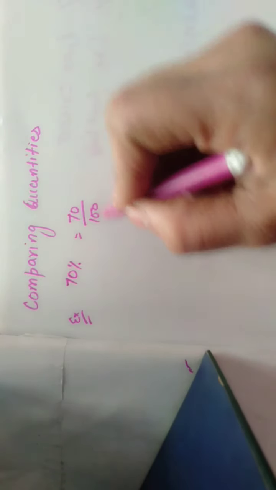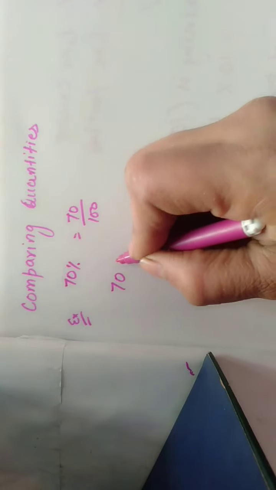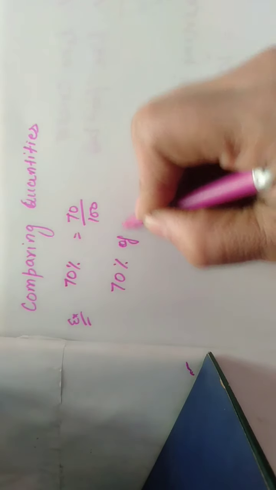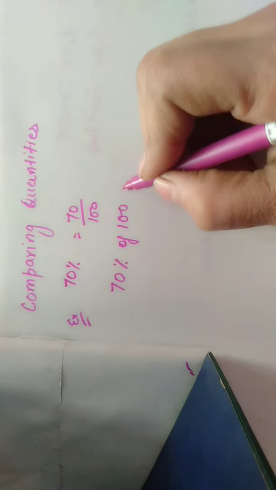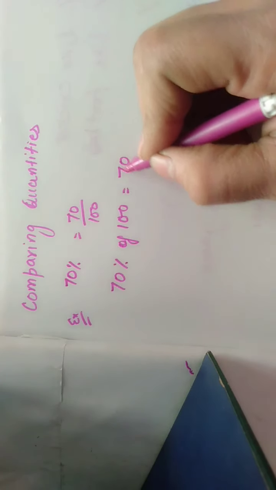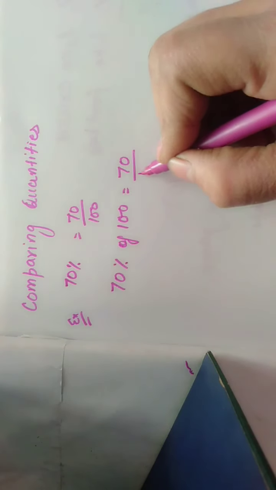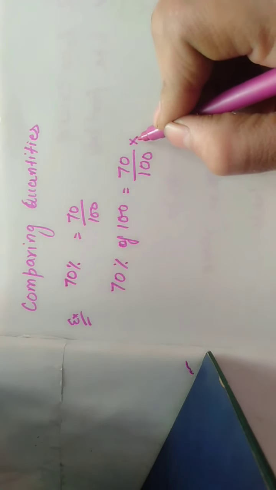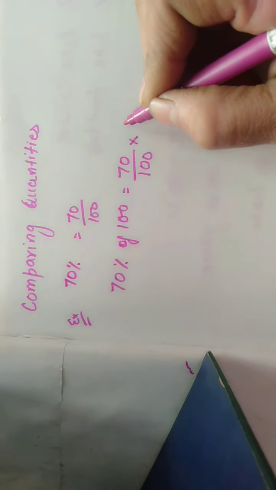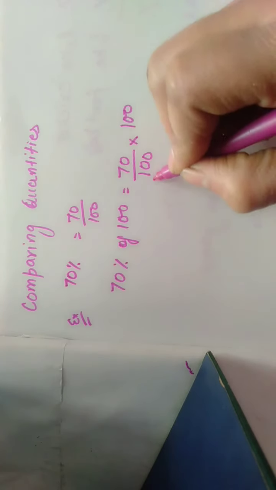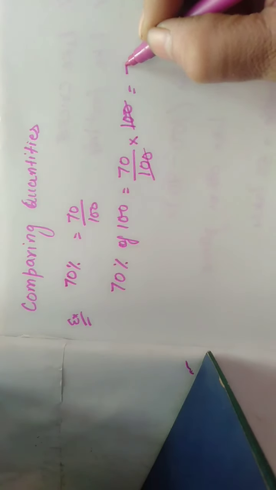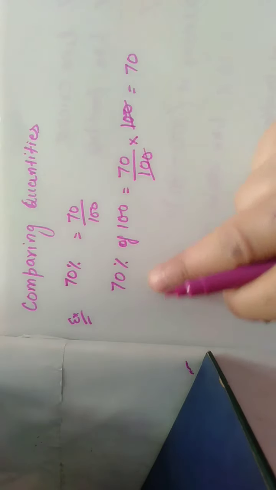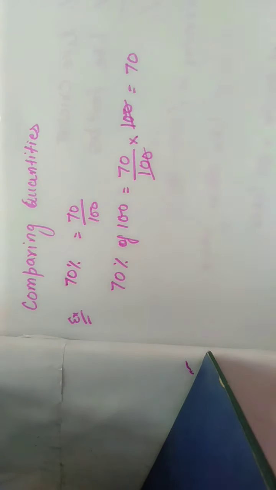If we suppose 100, then we calculate 70% of 100, and we calculate it in this form: the percent sign changes into upon 100, 'of' converts into a multiplication sign, 100, and then we cancel out. So 70% of 100 is 70.